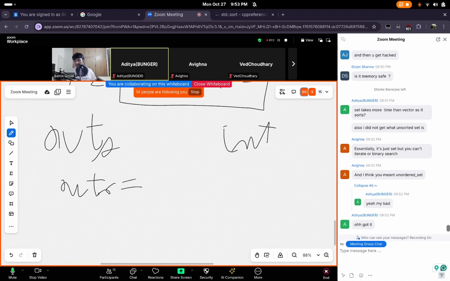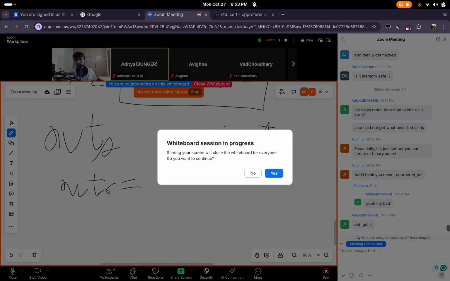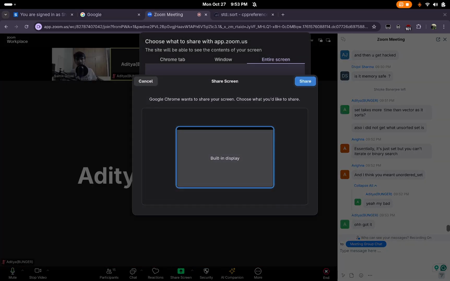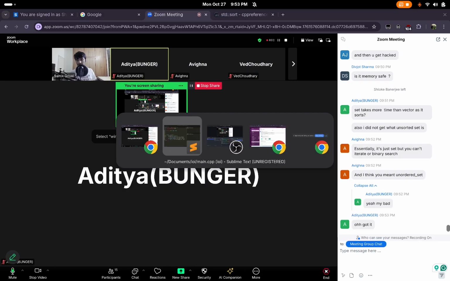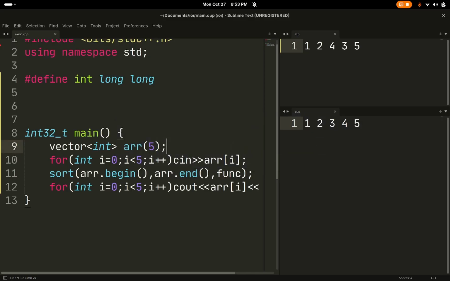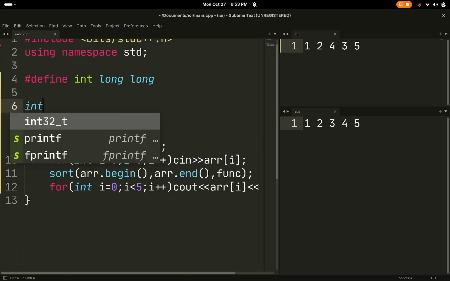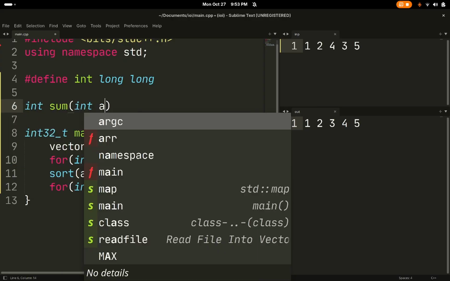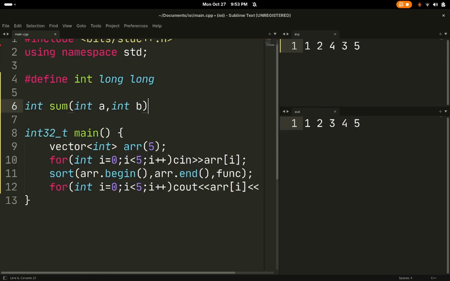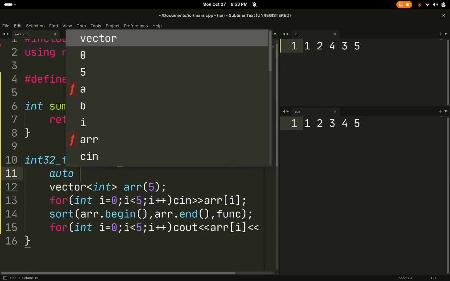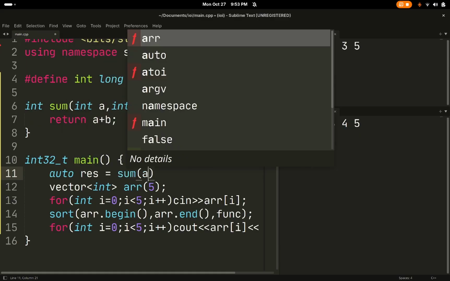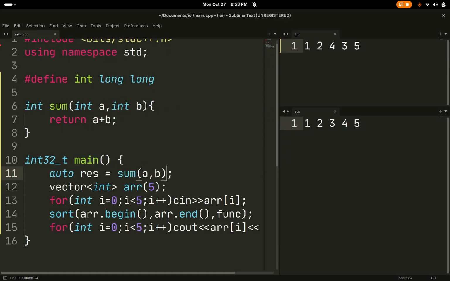So auto keyword, again, I'm going to show this in code, but this is pretty simple. It's just a way to make your code prettier. So say I had a function which returns a plus b. Let's do 2 and let's do 1.